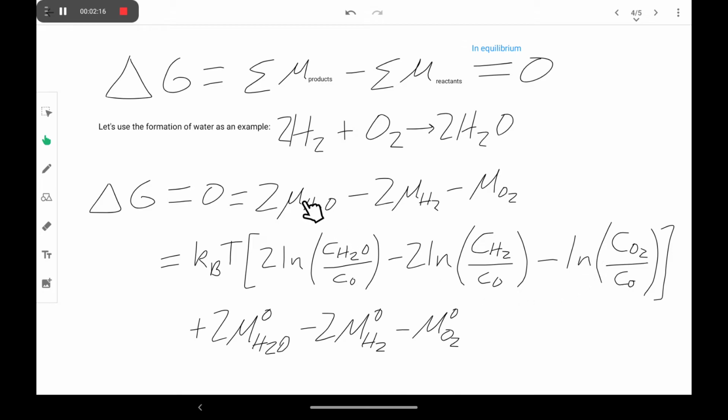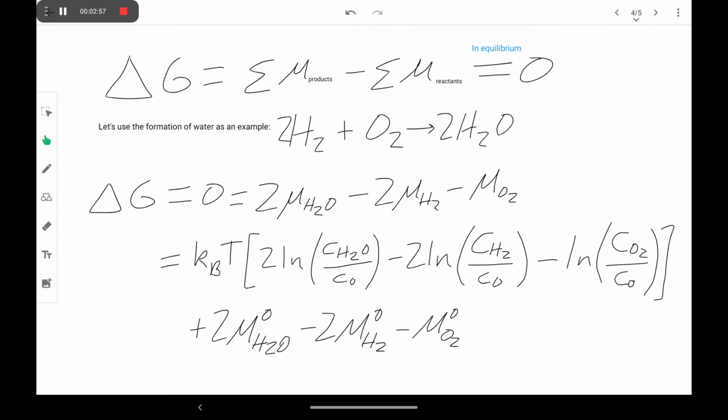Each chemical potential also has a term that depends solely on temperature, and on the parts of the molecule, like its internal energy and its mass. We have 2 factors of that, minus 2 factors of that, minus 1 factor of that. Please, if this is confusing, go back and look at our definition of chemical potential and see how this line becomes these 2 lines.